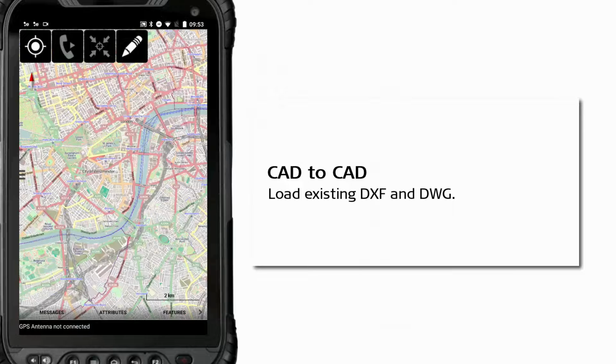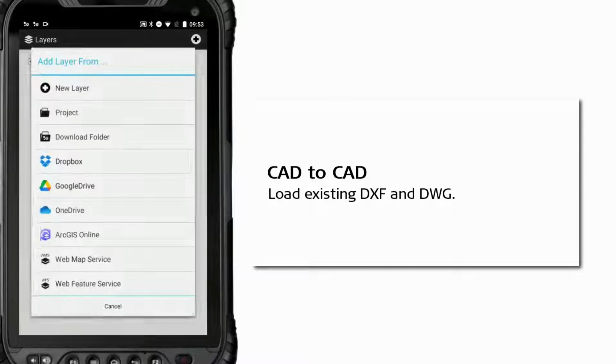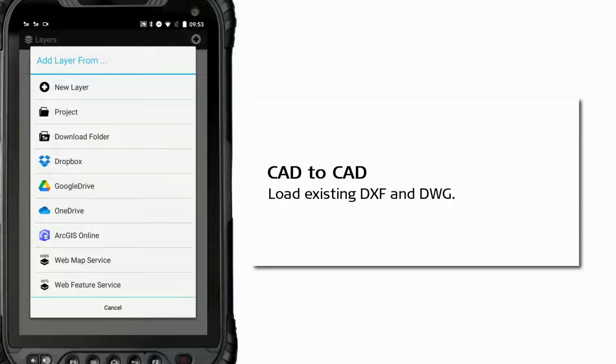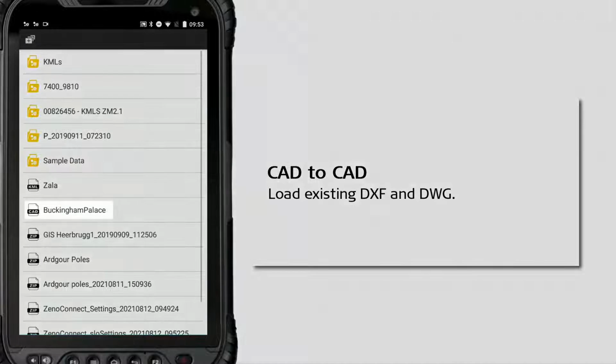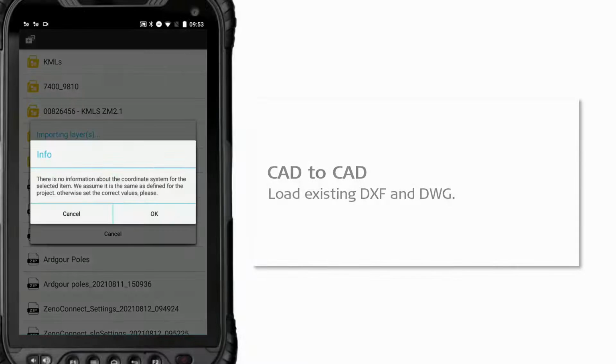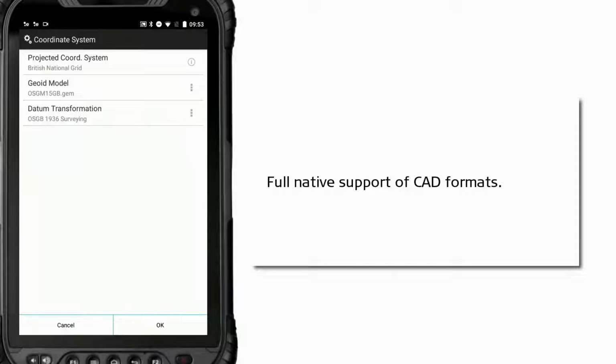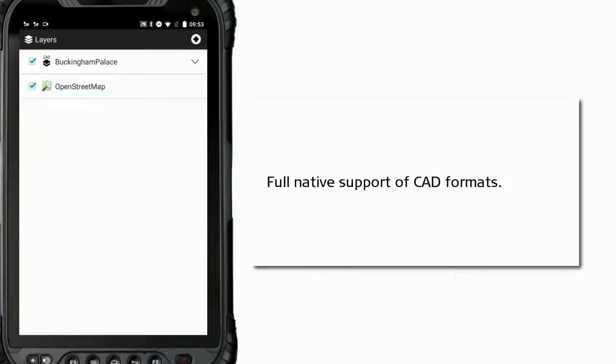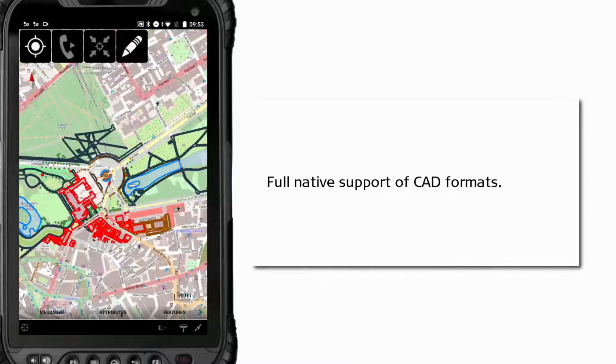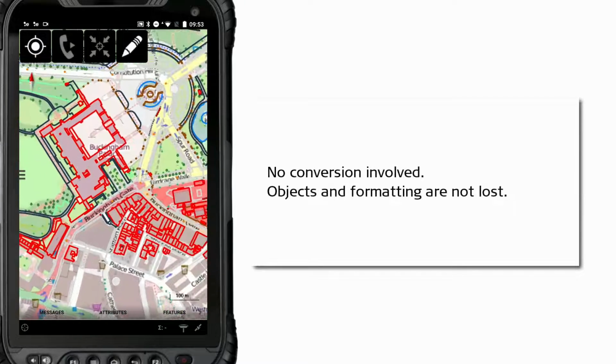You can load an existing DXF or DWG file in Zeno Mobile. Zeno Mobile is handling the CAD file formats natively and does not use a conversion process which can alter the original. This means there is no conversion in the background.